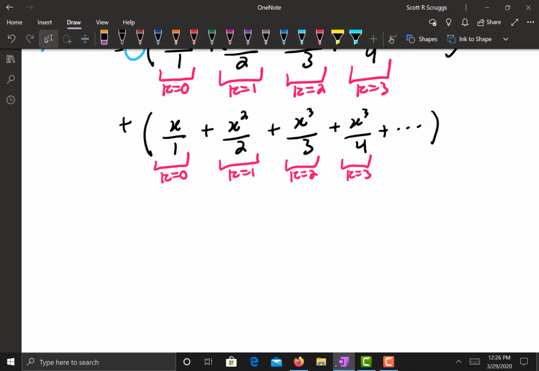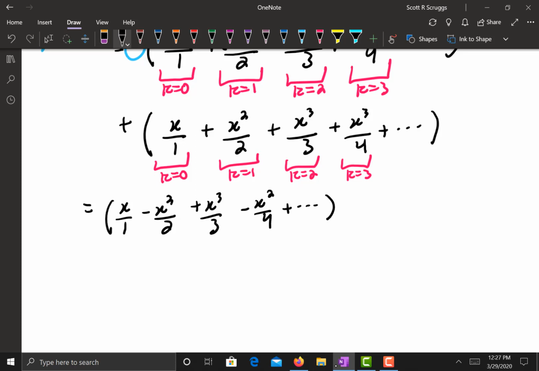So this can be rewritten, for the first sum, as x over 1 minus x squared over 2 plus x cubed over 3 minus x to the 4th over 4, and so on, plus, I've done nothing to the second series, so I just copy that down.